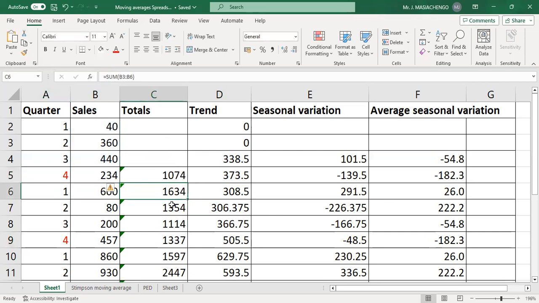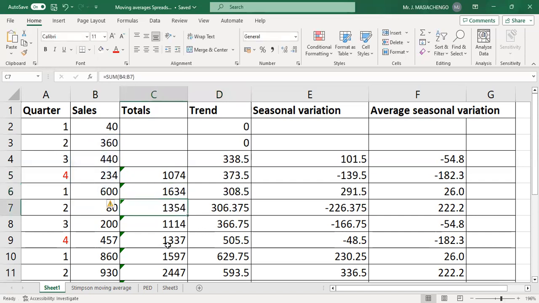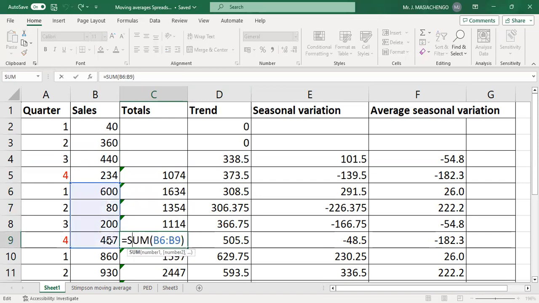To get this total, simple again, you add the 4 from that current cell, 1, 2, 3, 4. Even if you start here, there must be 4. That's the total.